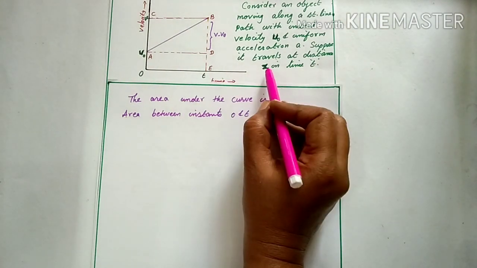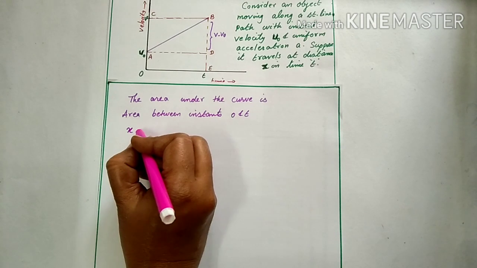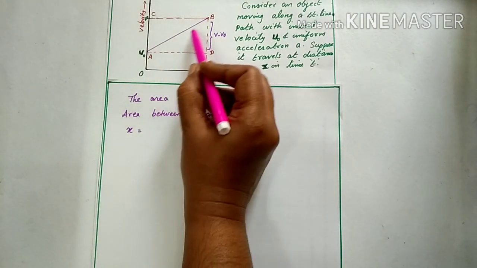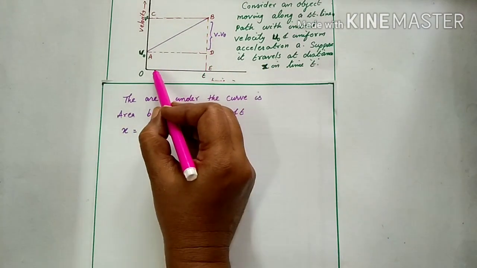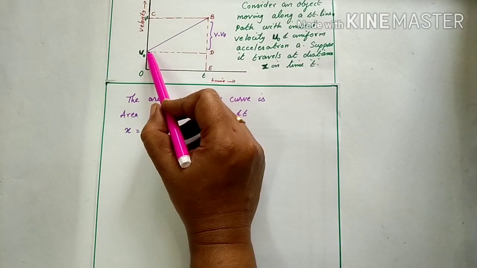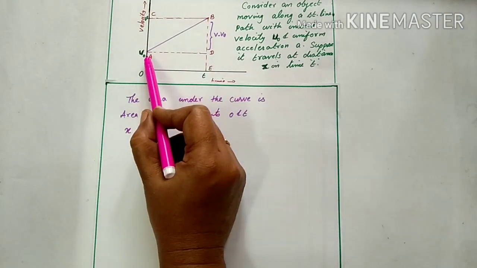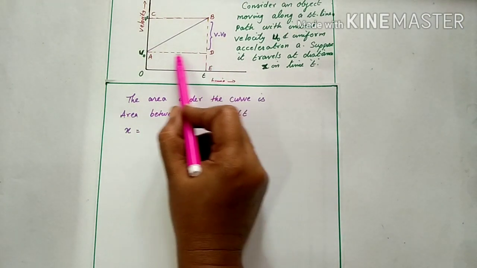It is equal to the displacement of the object, noted as x. That area is in the shape of a trapezium, and that area is divided into two: the area of a right angle triangle plus the area of a rectangle.